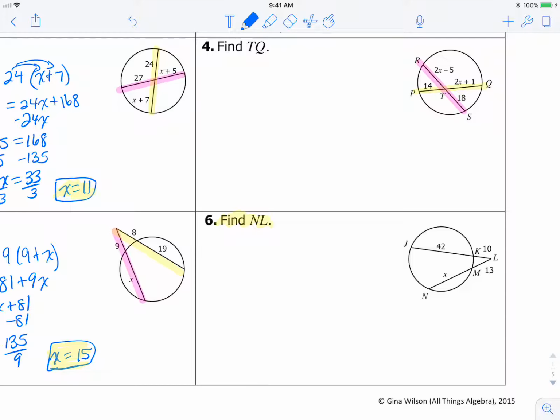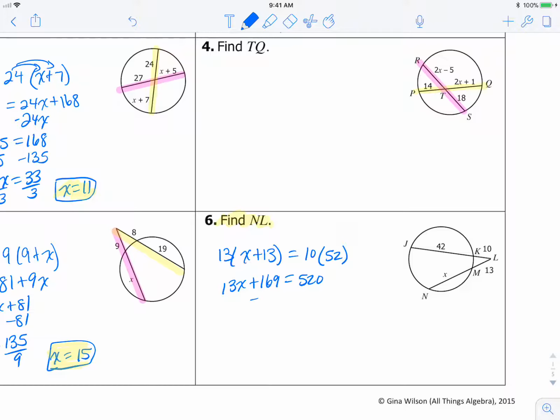So you've got 13 outside times x plus 13 equals the outside segment times the whole thing. So 10 plus 42 is 52. So this is 13x plus 169 equals 520.